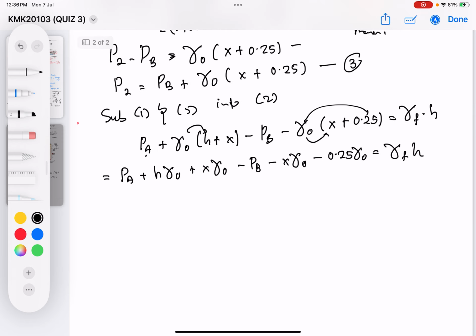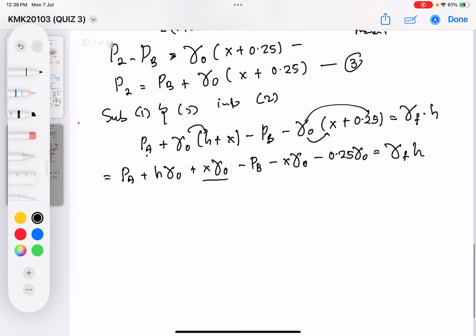So let's check for any same terms. Here I got plus gamma of the oil x, here I got minus gamma of the oil x. One is plus, one is minus, so I can cancel out this one.